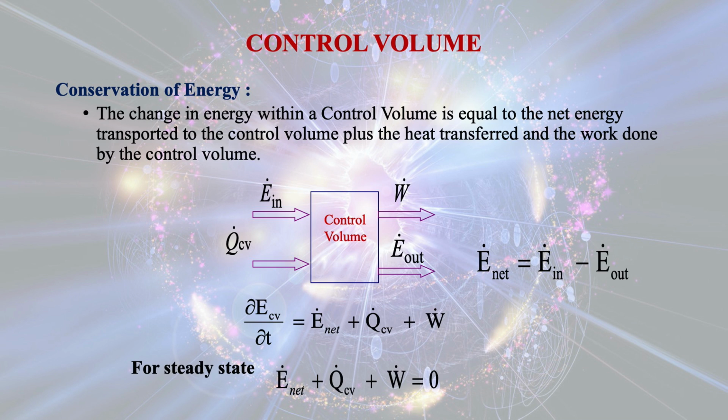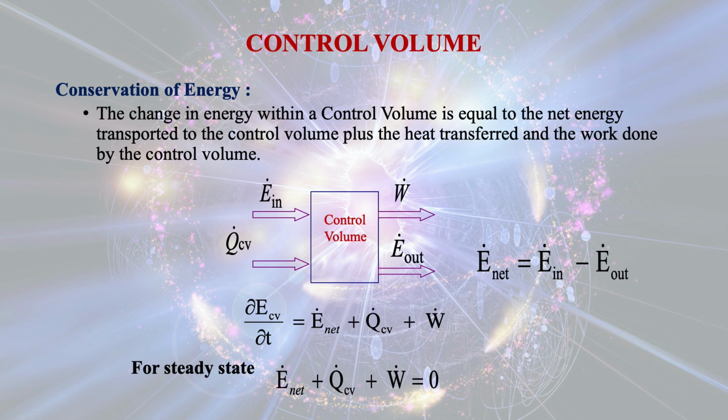So if you write E dot net, that is the net energy entering the control volume, it is E dot in minus E dot out.